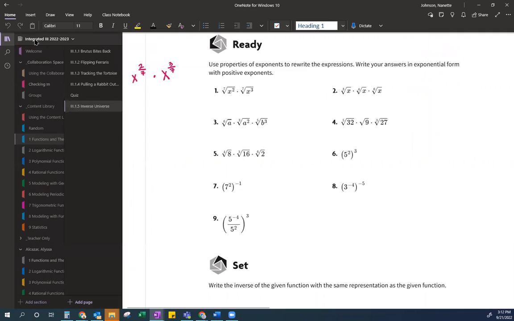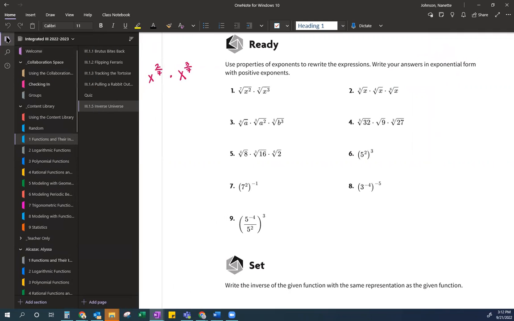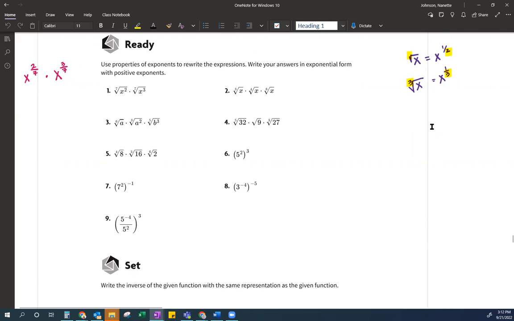So 3 squared means 3 times 3, times, I'm going to make a big dot just so you can see the separation there, 3 to the 5th, which is just 3 times 3 times 3 times 3 times 3, right? So I got a bunch of 3s.